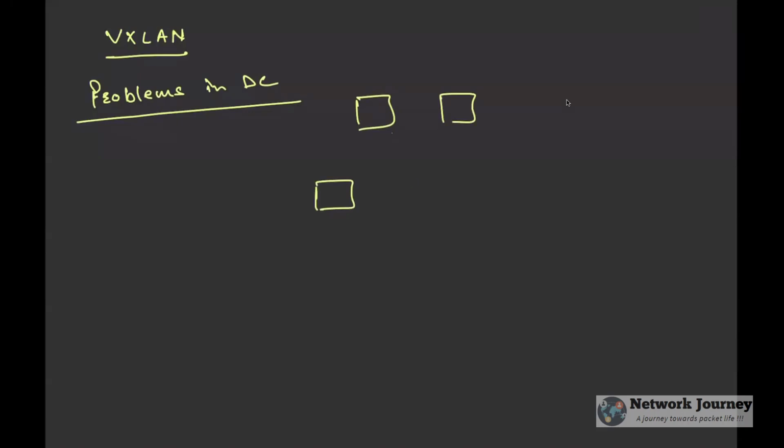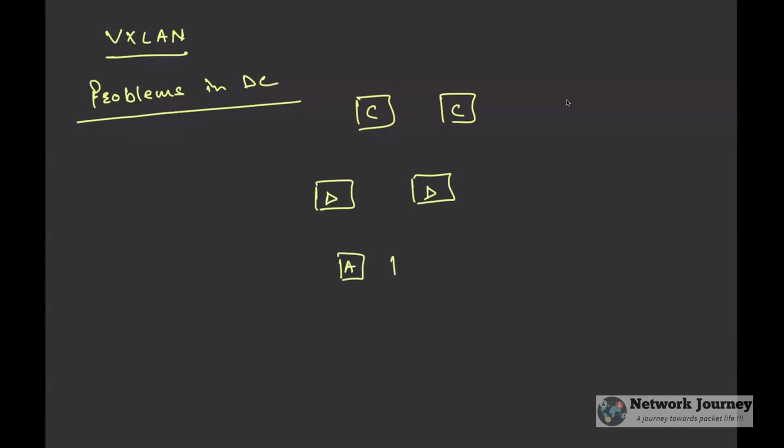So before getting to VXLAN, let's understand some of the problems you will have in the data center. How is the architecture in the data center? First of all, you will have two different types of architecture. One is the three-tier architecture, which consists of the core layer, distribution layer, and access layer.